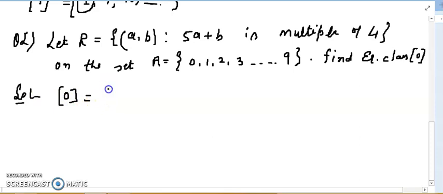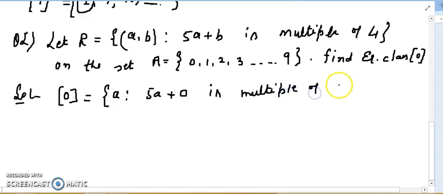If b is 0, then what is the value of a such that 5a plus 0 is a multiple of 4? In place of b you have to write 0, because you are finding the equivalence class for 0.